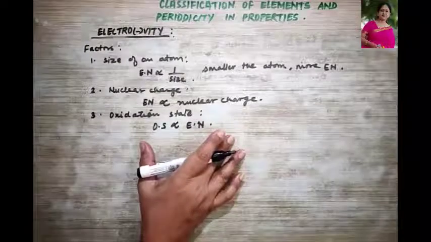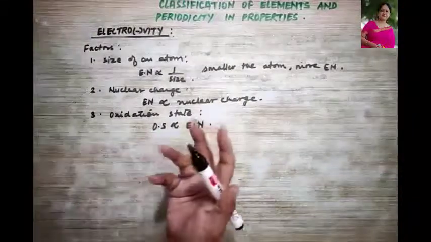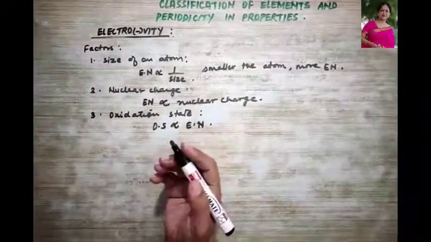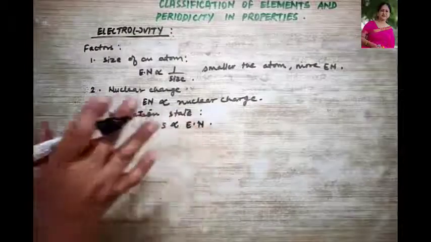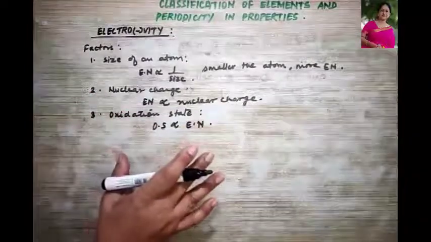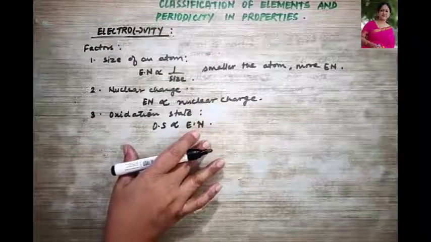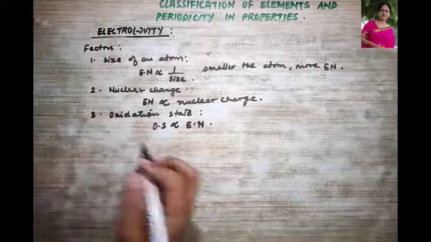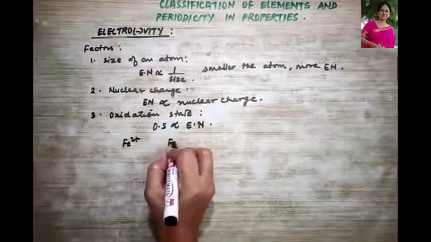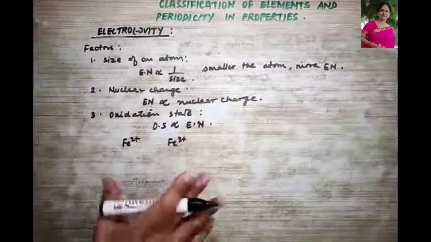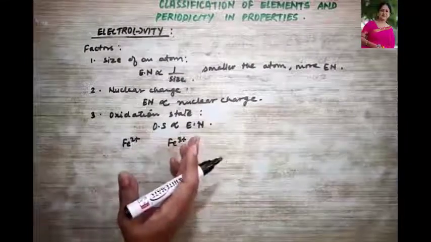So let us over here understand maybe the charges on the cation and the charges on the anion, and how they show their electronegativity difference. So let's look at this Fe2+ and Fe3+. Now let me know which one has more electronegativity.